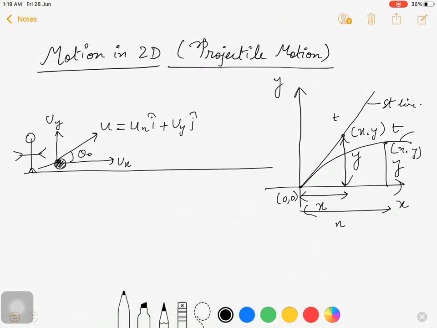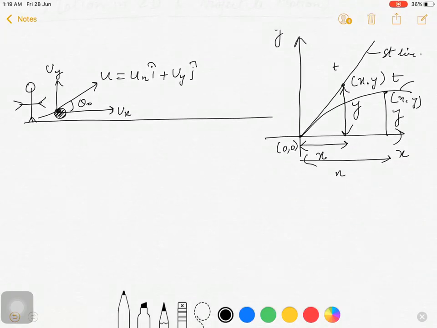Now what about acceleration? Acceleration is first in y direction and second in x direction. In y direction, acceleration is nothing but acceleration due to gravity. So ay is equal to minus g, which is acting downward. And in x direction, acceleration is equal to 0.